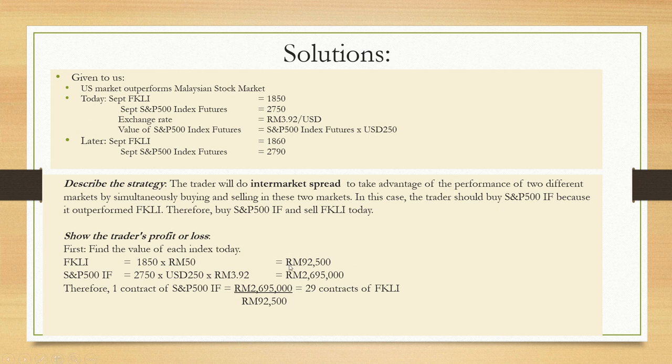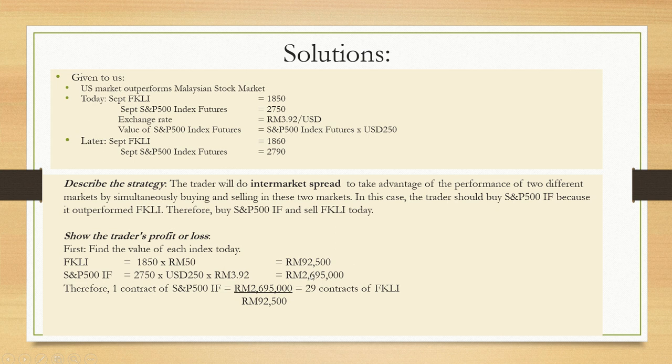Satu FKLI bersamaan 92,500, but S&P 500 index futures satu kontrak dia bersamaan 2.695 million ringgit. So berbeza. Maksudnya we need more FKLI contracts to equal one contract of S&P 500. Kita kena ada lebih FKLI barulah sama nilai dengan satu S&P 500 index futures.